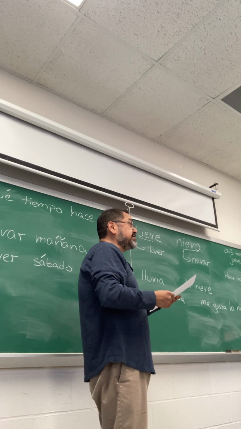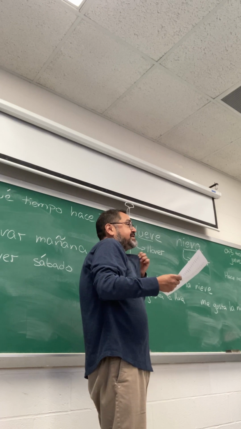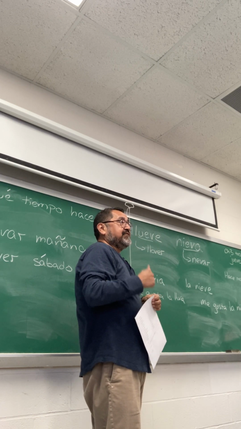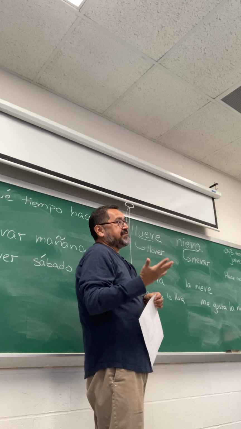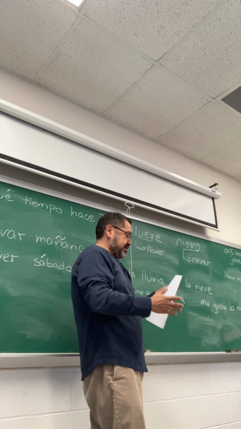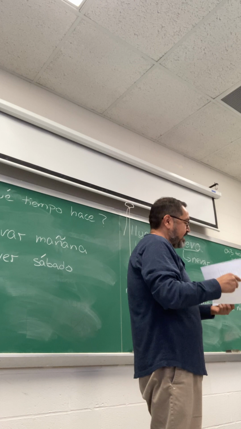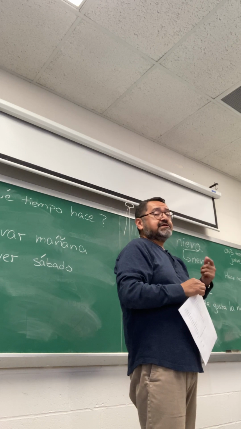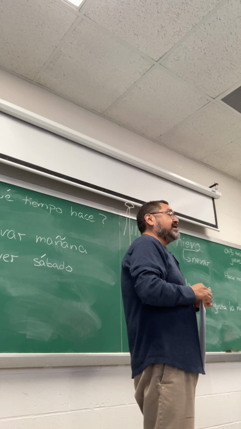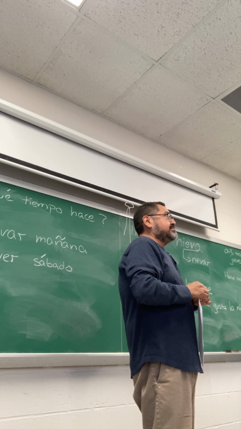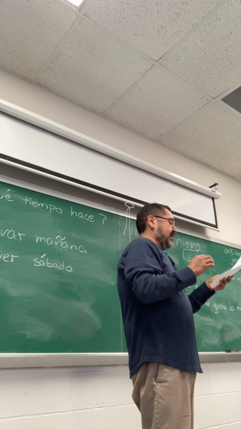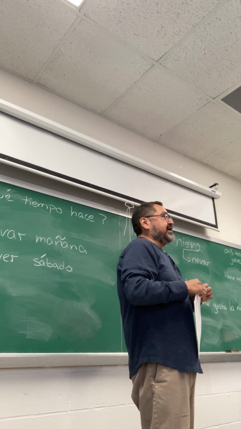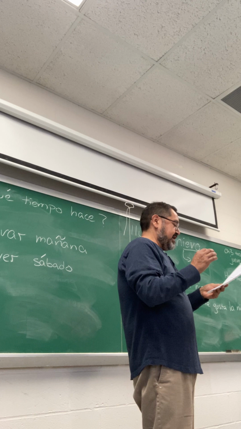The verb ir, I literally gave you 6 sentences. You just need to fill in the blank with the correct form. Voy, vas, va, vamos, vais, van. Okay? So you need to know the forms of ir. I only gave you 4 where, just like the other sheet that we did, I'm going to work, voy a trabajar, okay?